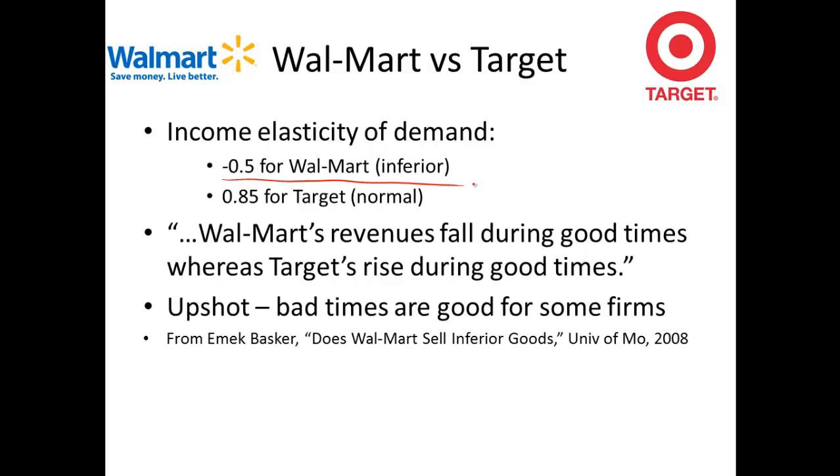The income elasticity of demand at Target is 0.85. So that makes Target normal and Walmart inferior. To sum it up in words, Walmart's revenues fall during good times, whereas Target's rise during good times. The upshot is that bad times can be good for some firms and vice versa. It's good to know what kind of good you are in this taxonomy.